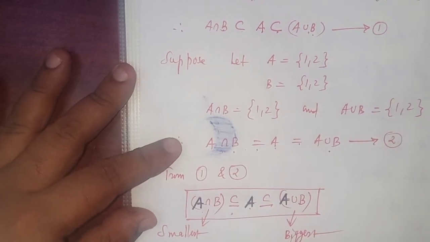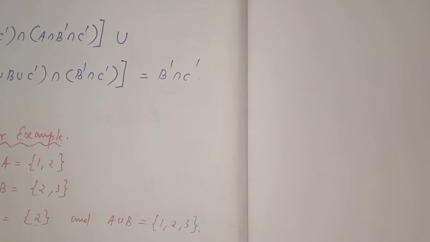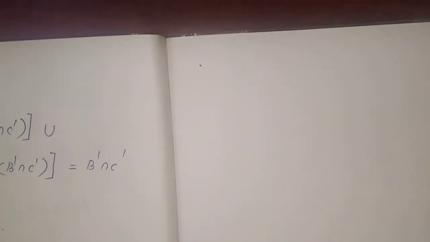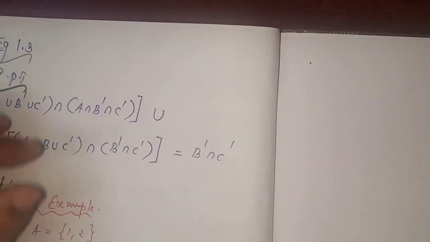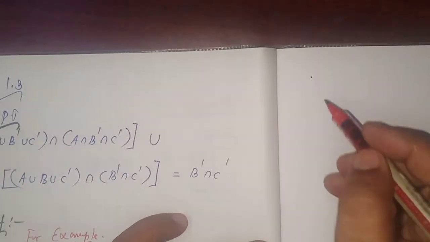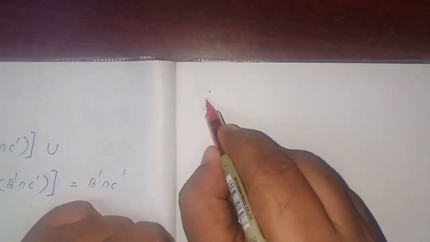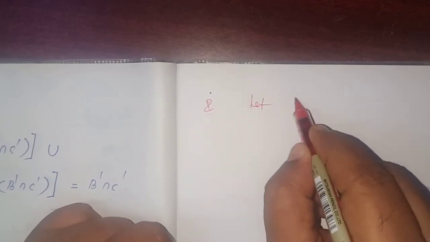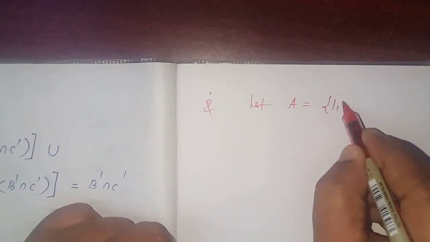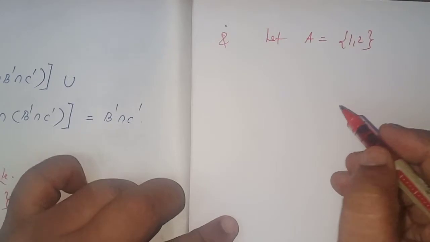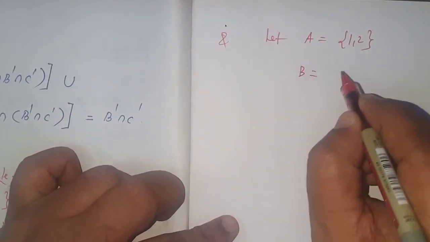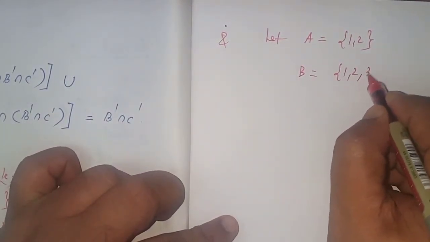Then I have to explain one more example for making you understand this problem very well. Listen, let A be equal to {1, 2}, and B be equal to {1, 2, 3}.